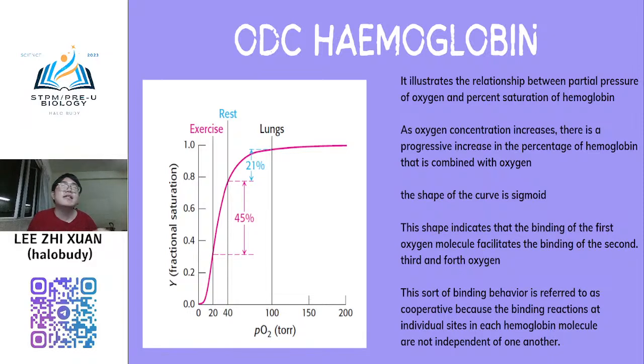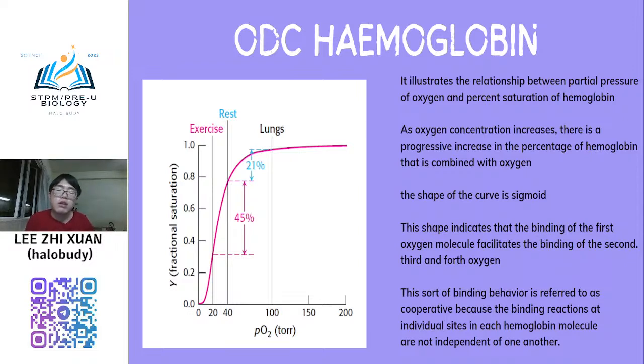There is mutual cooperation, it's not like no cooperation. If it is uncooperative, it means that when the first oxygen binds to the first heme group, it will not facilitate the next. The second oxygen also requires higher energy, and you need to increase the oxygen pressure to a certain level before the oxygen can bind to the second heme group.